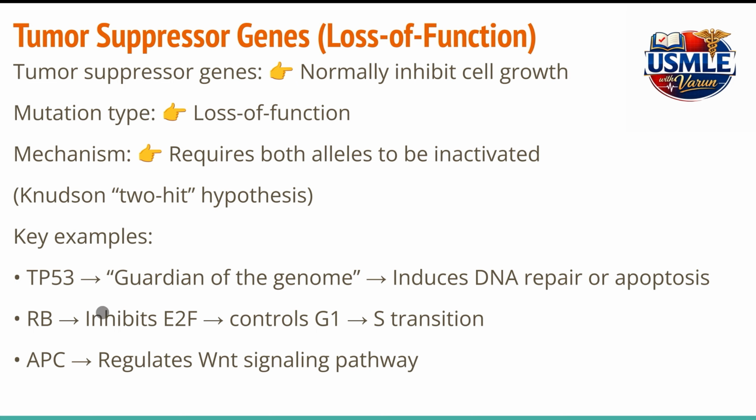RB, or retinoblastoma, controls the transition from the resting phase to the DNA synthesis phase, the G1 to S phase transition. In that way, this could lead to carcinogenesis. The APC gene regulates pathways that control cell growth through the WNT signaling pathway. If these tumor suppressor genes stop working, cells just divide uncontrollably.